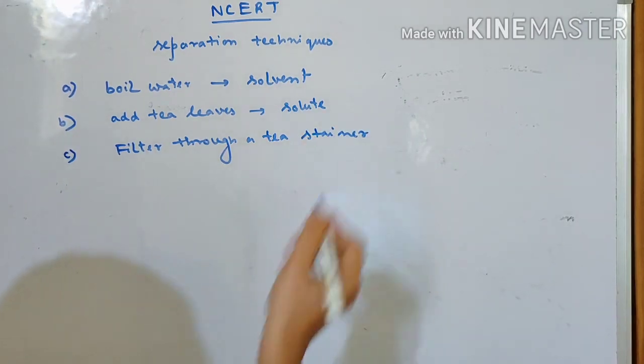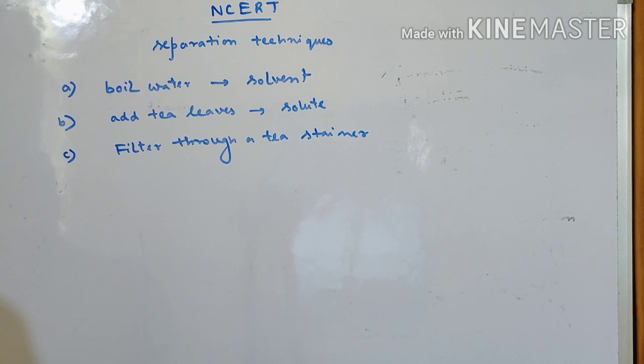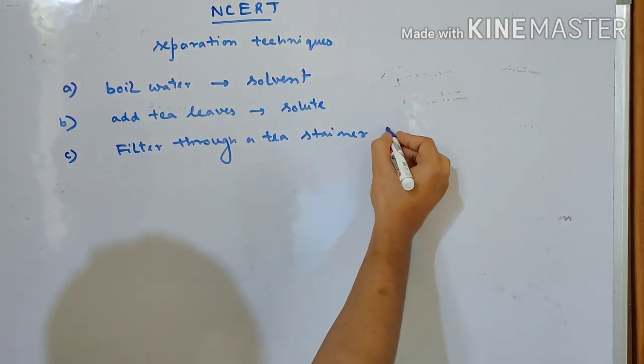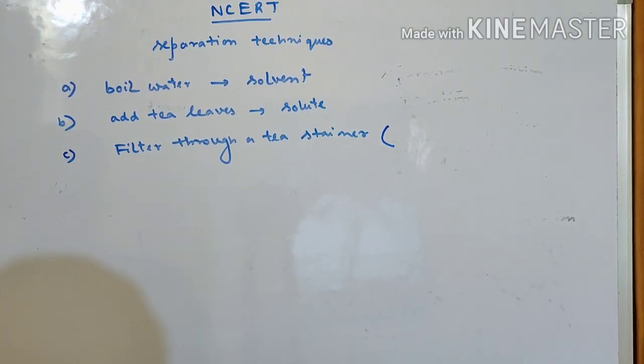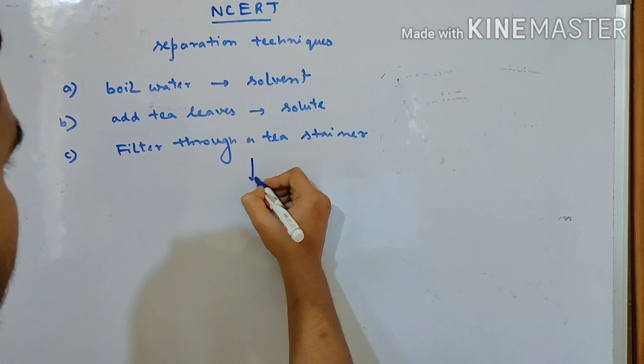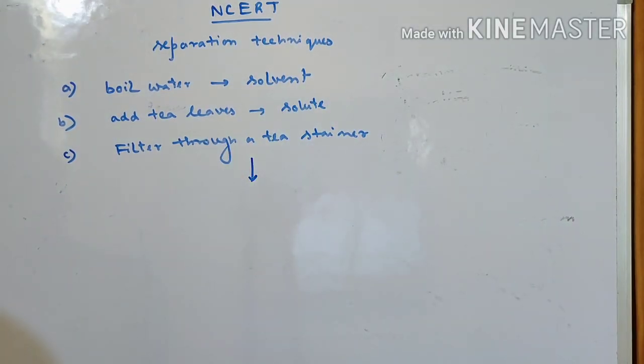Let me write down the steps first, that would be better. So in this case, obviously what will happen is, at the effect of this, that soluble components dissolves filtrate.